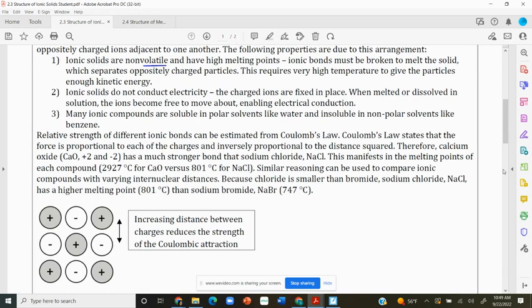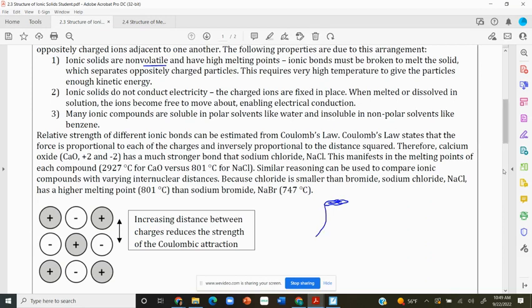So non-volatile, remember, and one of the reasons why they're non-volatile is because to be volatile, you need to be in a liquid state, okay? These are tending to be in a solid state at room temperature, okay, because they have high melting points.